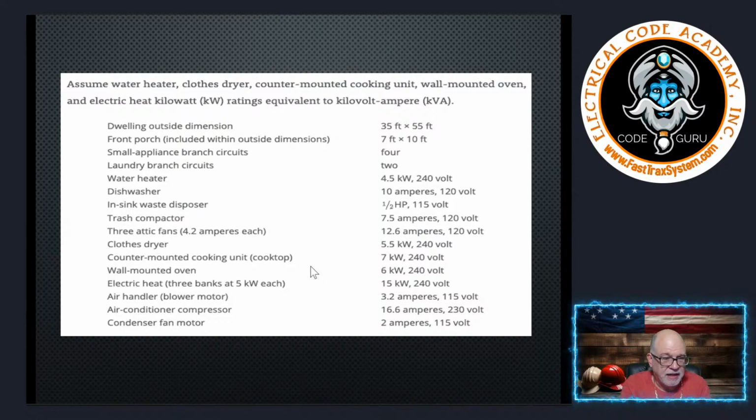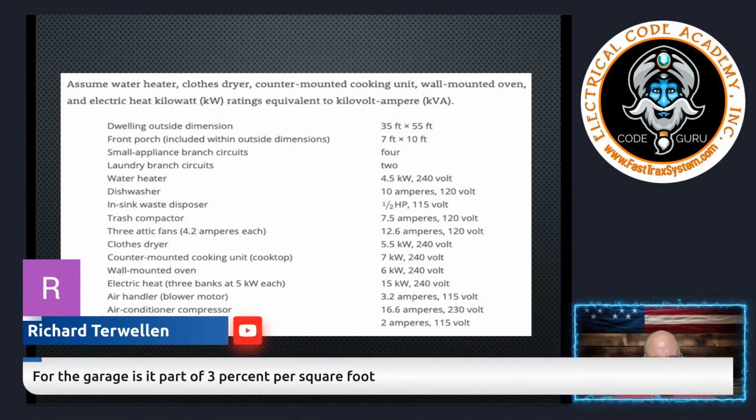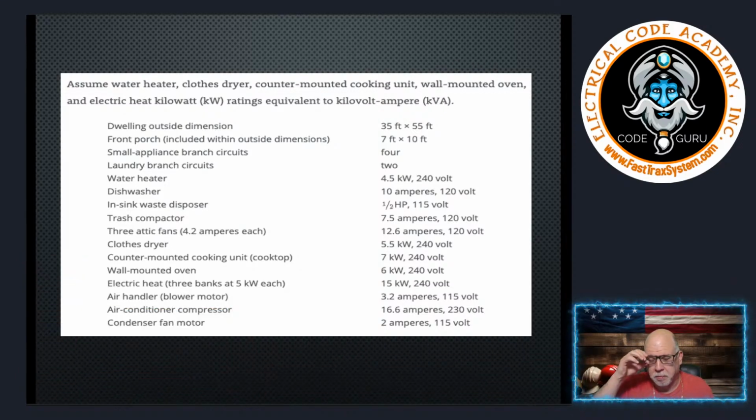So yes, Richard, we have a question here about the garage. In the 2023 edition of the NEC, it most certainly will be included in that 3 VA per square foot, not 3% per square foot, 3 VA per square foot, because they removed the language.